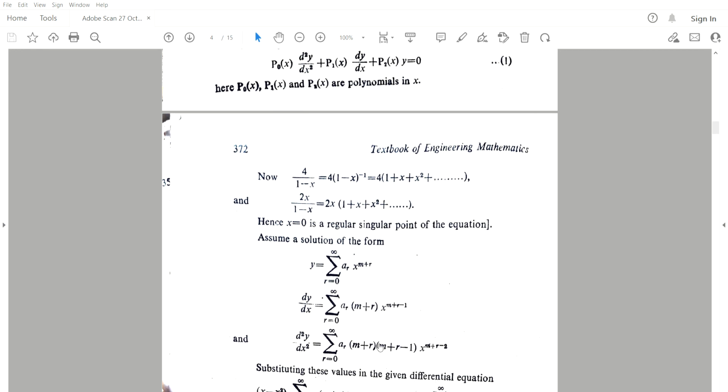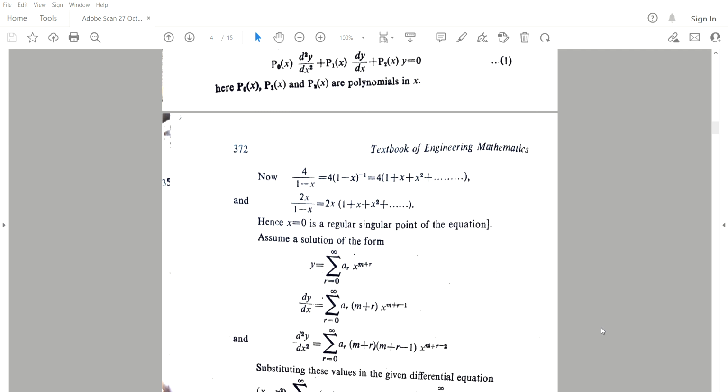Share page 371, the second page which I had sent just now on WhatsApp. Yes. Say x is equal to a is a regular singular point.